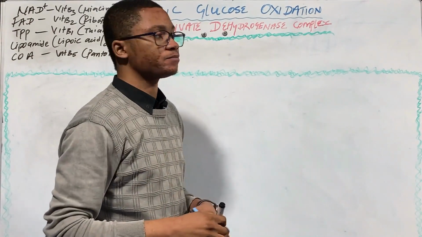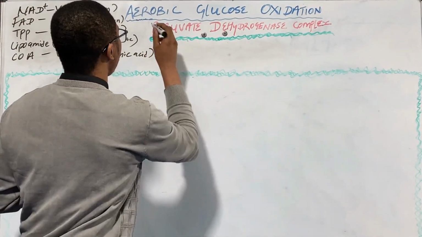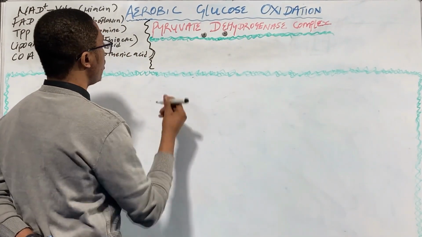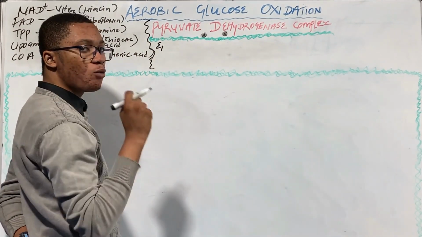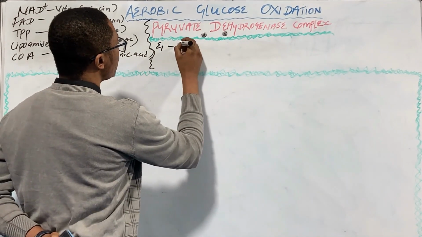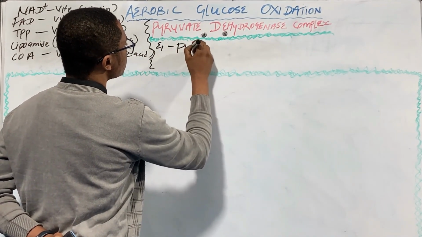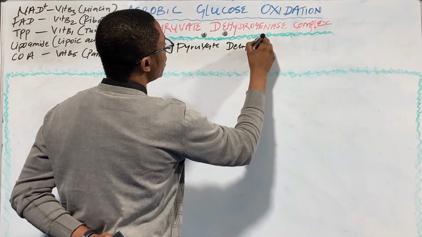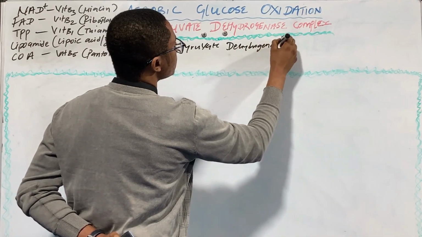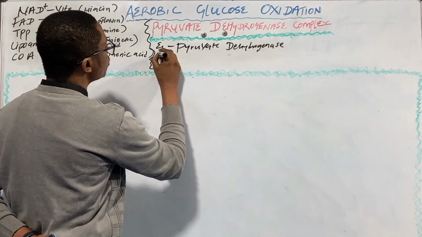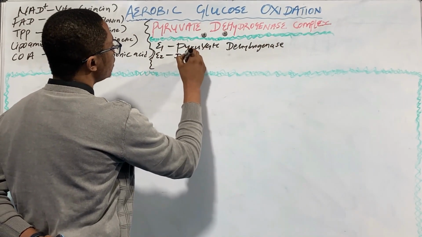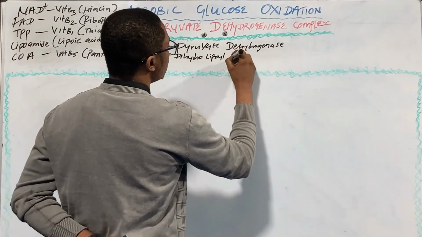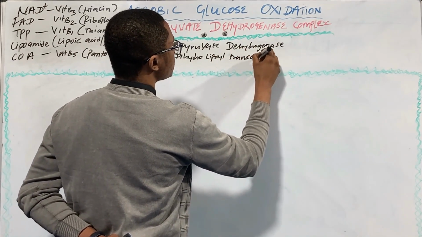So now let's talk about the other enzymes, the apoenzymes. There are 3 apoenzymes. The first is called enzyme 1, pyruvate dehydrogenase. Then enzyme 2 is called dihydrolipoyl transacetylase.